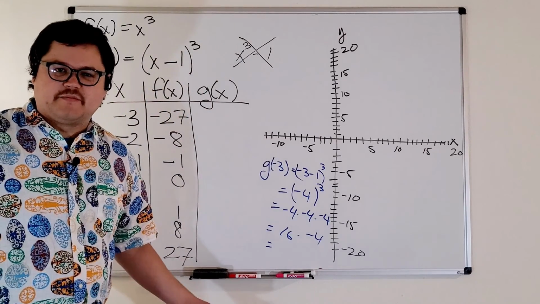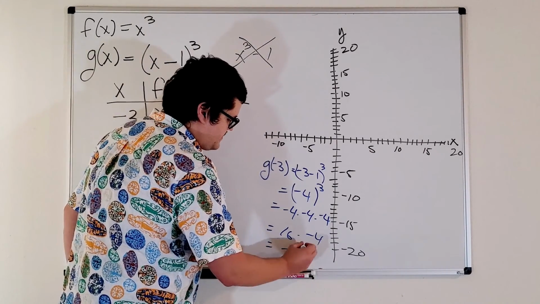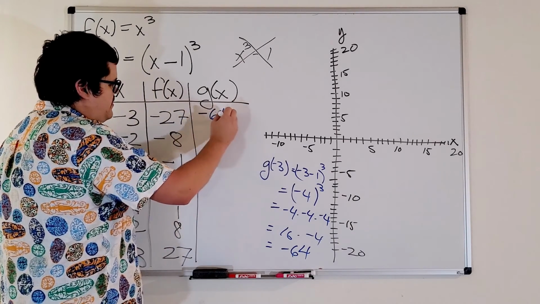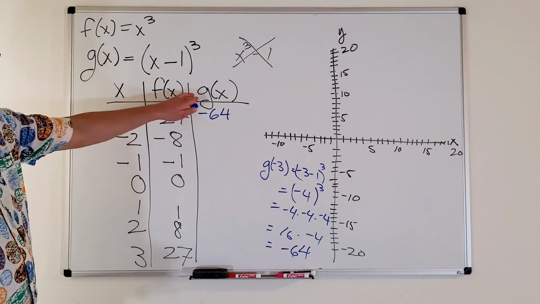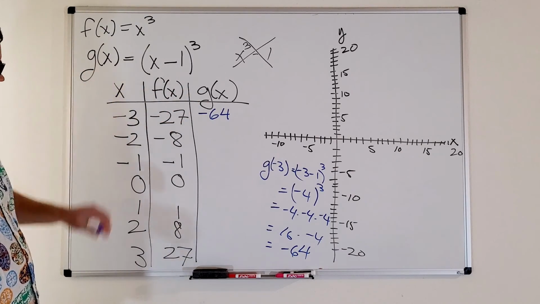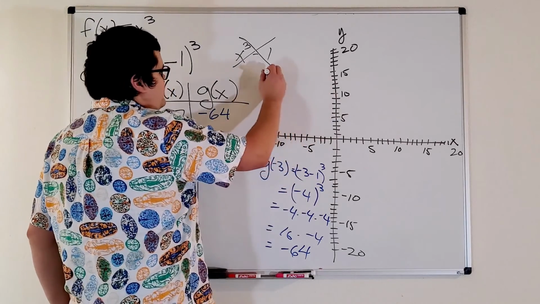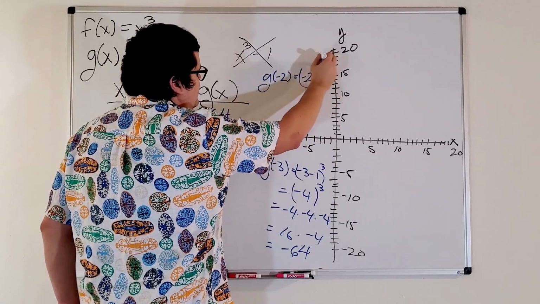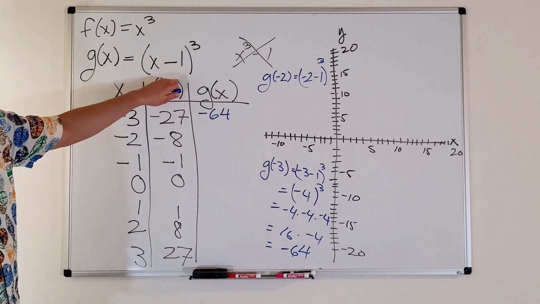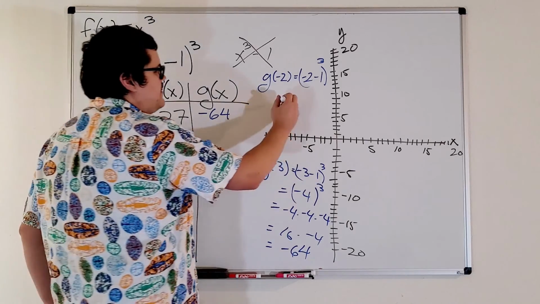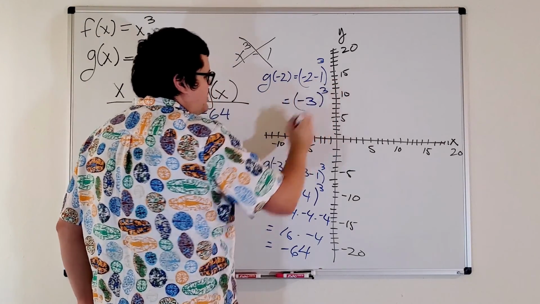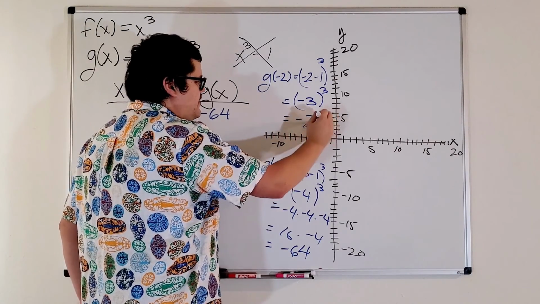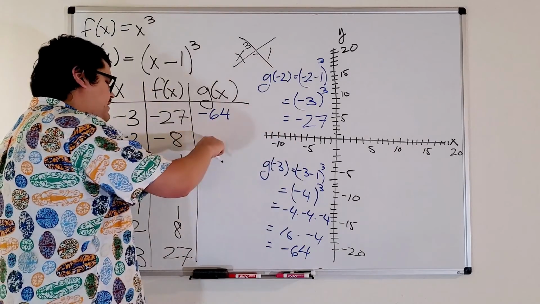That's negative 64. That's what we put here. Okay. What about g of negative 2? So it's (negative 2 minus 1) cubed. So negative 2 minus 1, negative 3. Negative 3 cubed. I think we did this already. Negative 27. So that's what we put there.